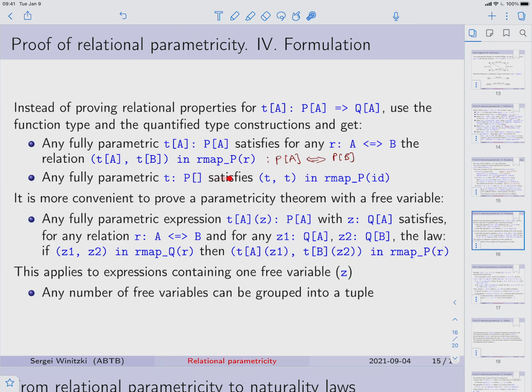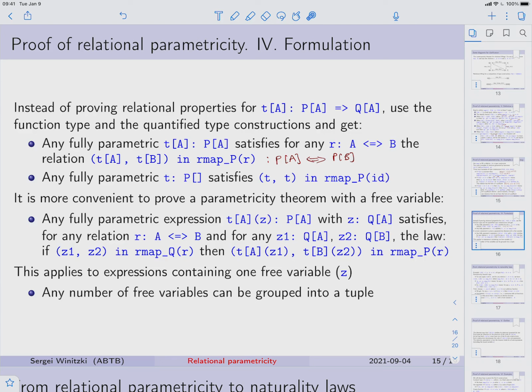However, this formulation is not convenient for proof. So for proof, I will use a different formulation, which is more convenient. This formulation is not convenient because sub-expressions of T will have free variables. And we need to have a parametricity theorem for expressions containing free variables.